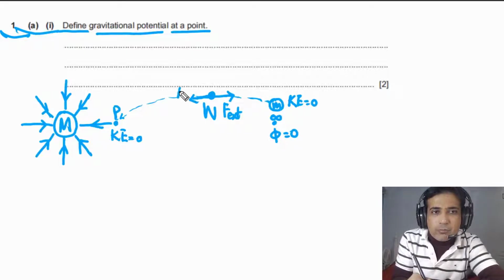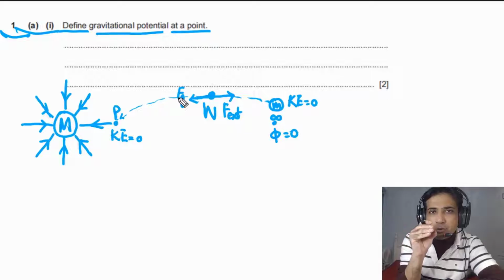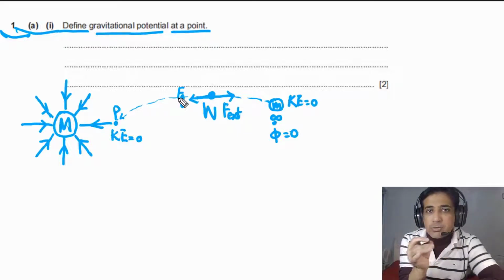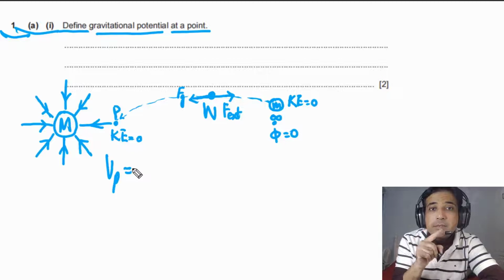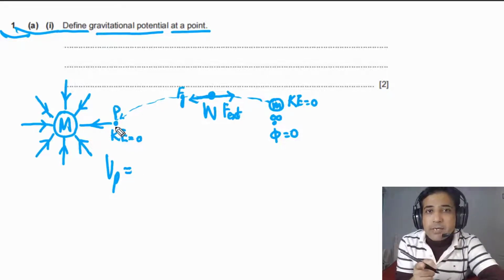So slowly you move this mass from infinity to point P. The amount of work done by you, if we divide that by unit mass, is the gravitational potential at this point. Actually, that is gravitational potential difference because our reference point is infinity. But this is how you can define gravitational potential at a point.